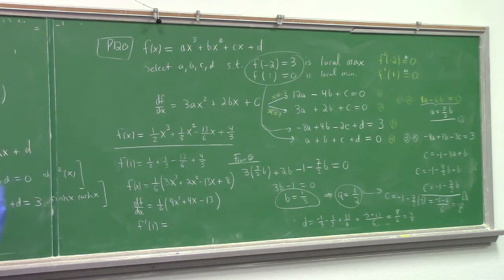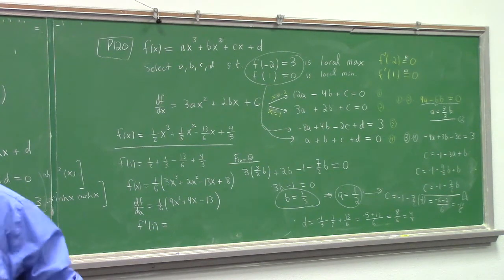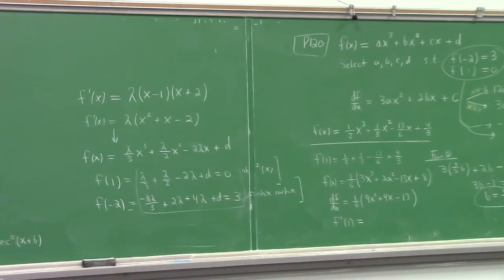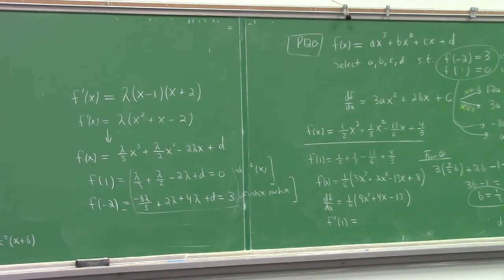Now you have 2 equations and 2 unknowns. That's easier to solve, right? Can we solve it? I mean, subtract the equations. Subtract the equations. What do we get?